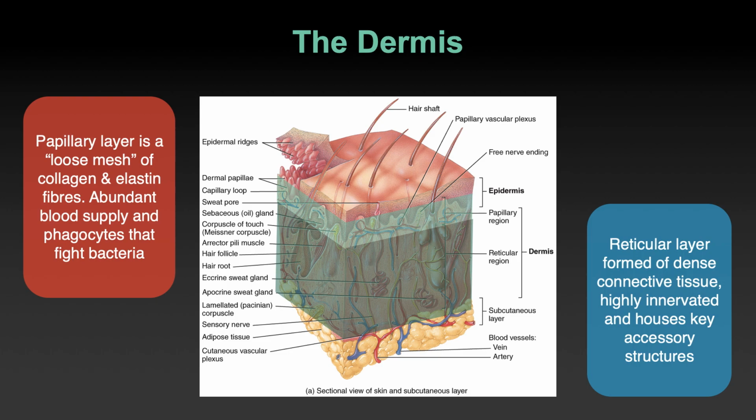This is highly innervated. There are a lot of nerve endings in the reticular region. And this is where we find many of the accessory structures that we're going to talk about next. Accessory structures like hair follicles, sweat glands, sebaceous oil glands. Most of the accessory structures are found in the reticular region of the dermis.